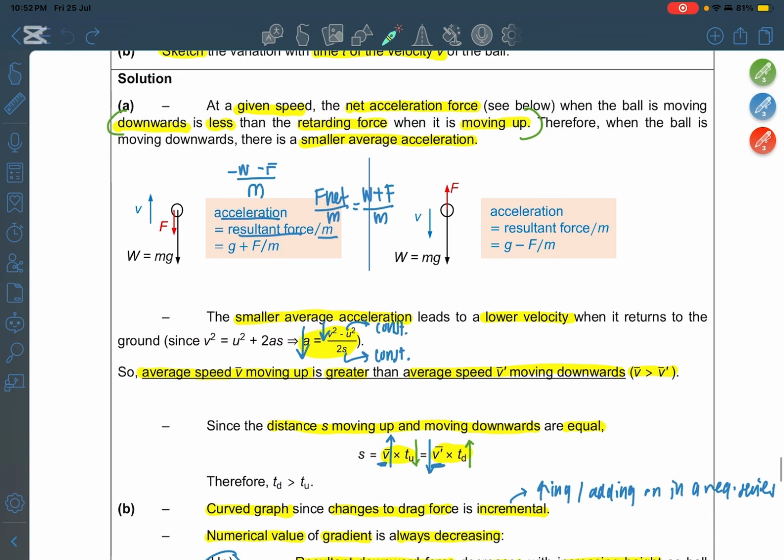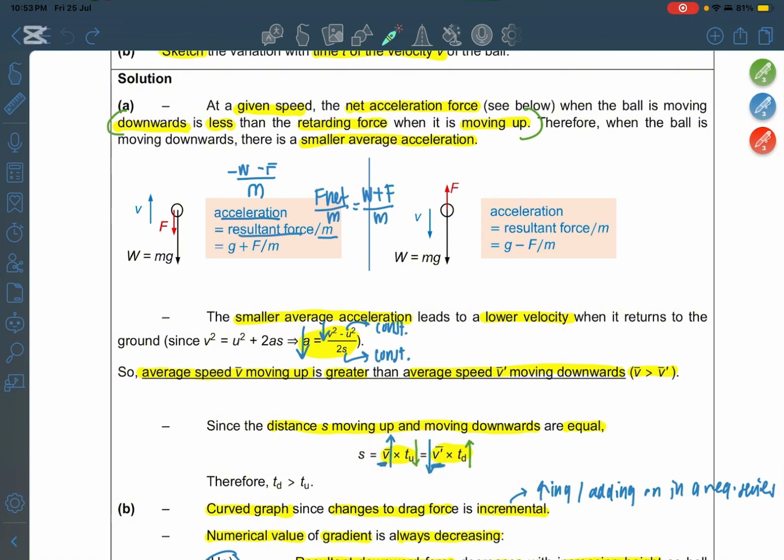Since the distance s moving up, where the ball is thrown up, and moving downwards are equal because they travel the same displacement, use the formula here. We find out that the average speed moving upwards times tu is here, and average speed moving downwards is smaller.